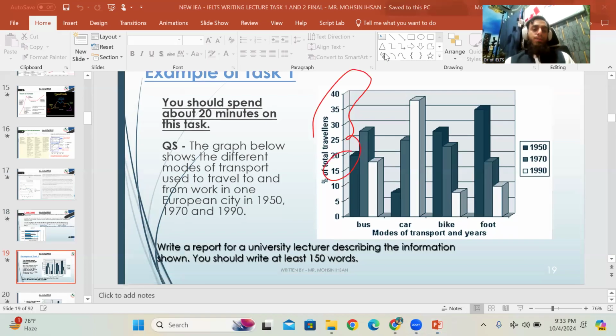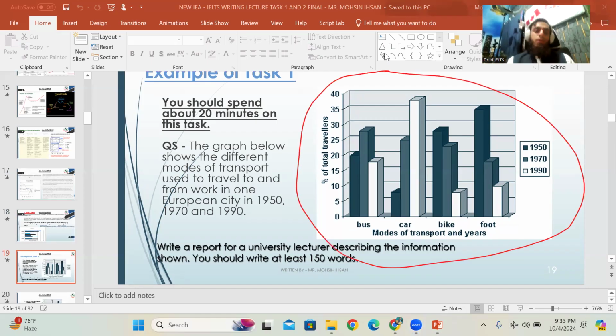This thing. Okay, coming towards the introduction of this, first we have to look out for the question and the diagram. The question is, the graph below shows the different modes of transport used to travel to and from work in one European city, right? There are four different sources of transport.